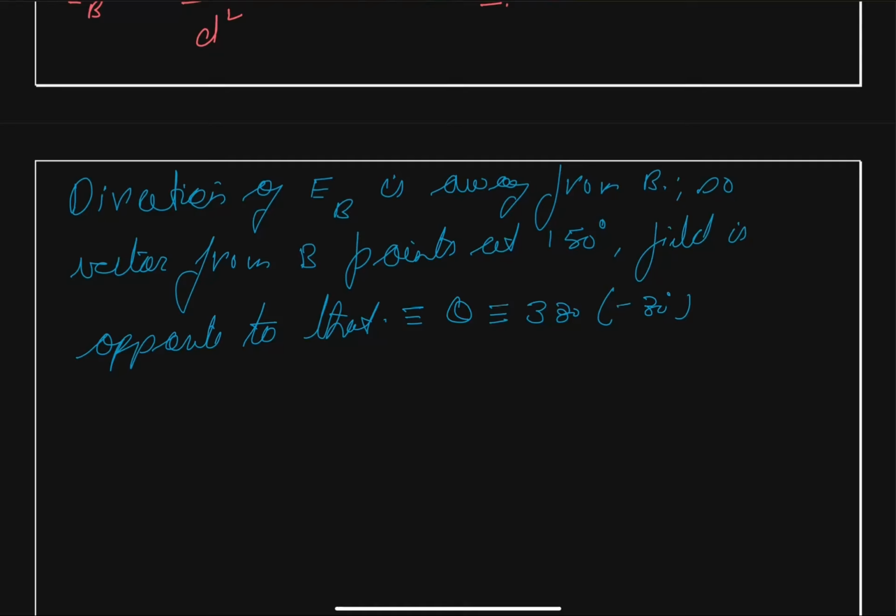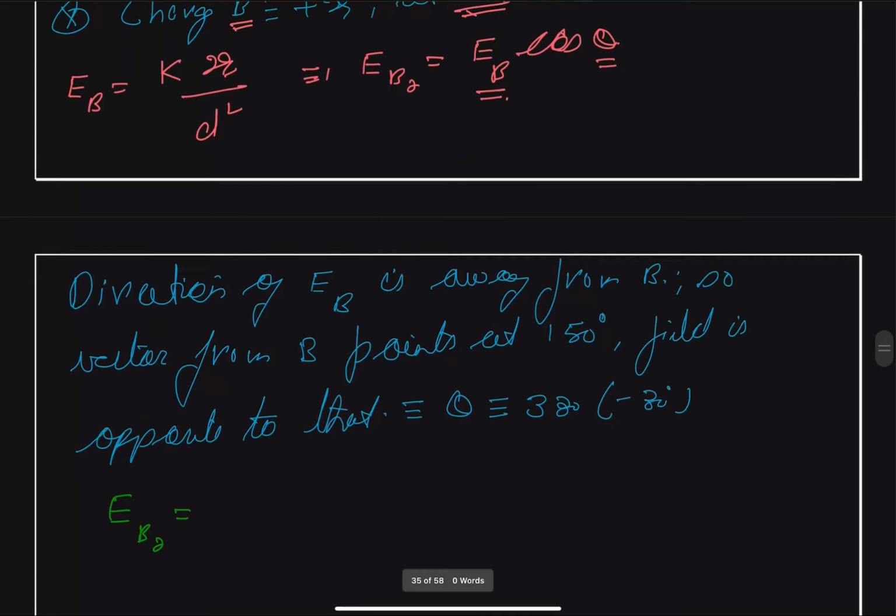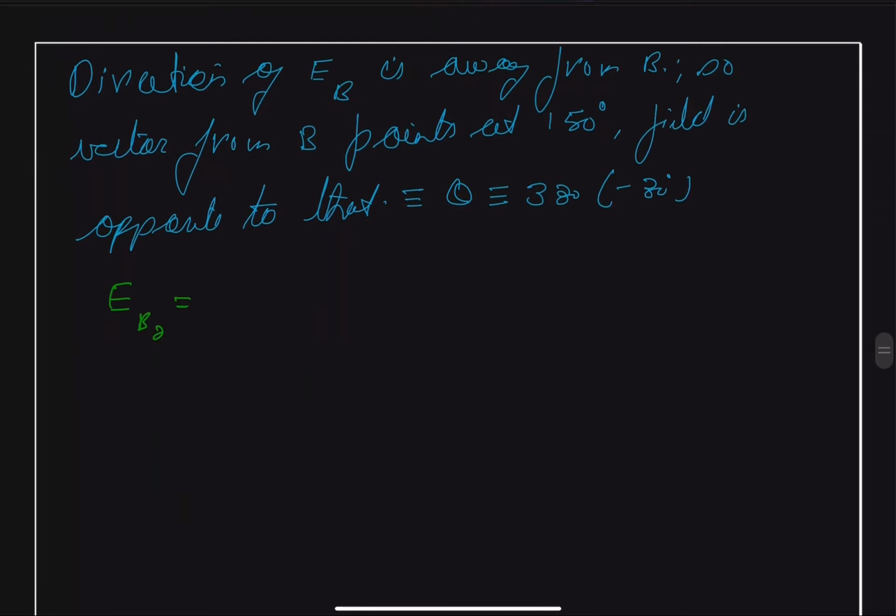Therefore, our EBX will be equal to, our EB is 2kq upon d square, and this comes with cos of minus 30, which gives us 2kq upon d square multiplied by square root of 3 divided by 2. 2 goes with 2.